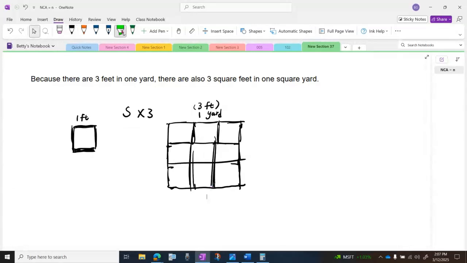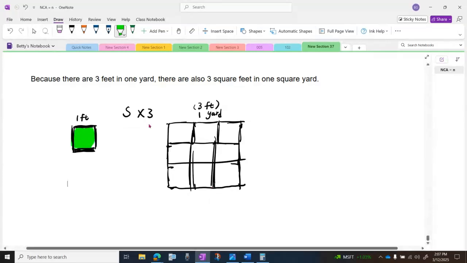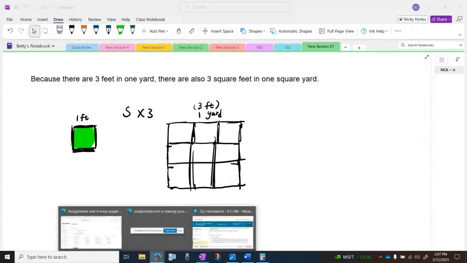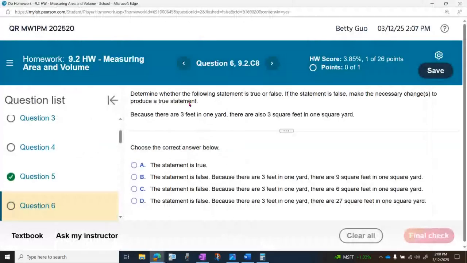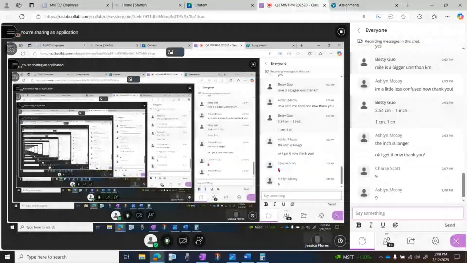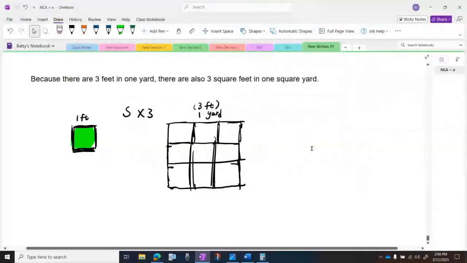If we say this is the green square, how many green squares are in the bigger one? 9, exactly, perfect. So how do you actually correctly convert it?